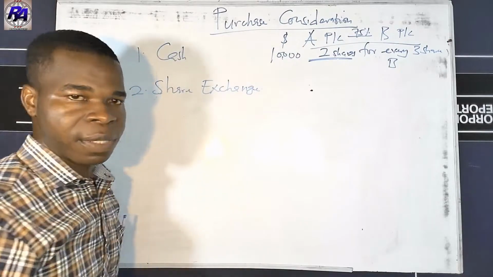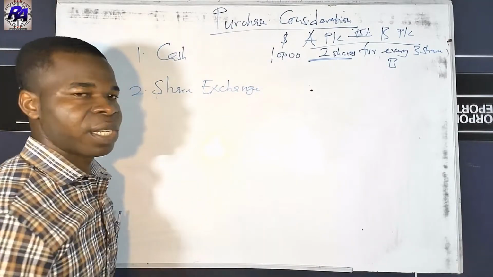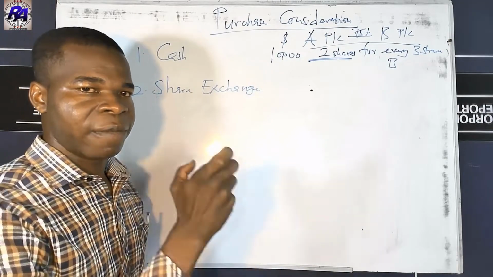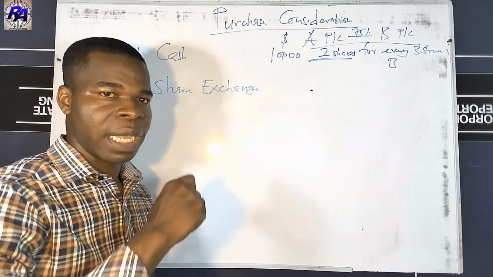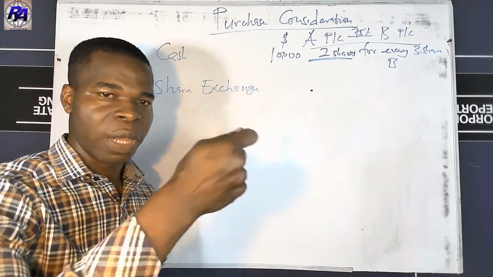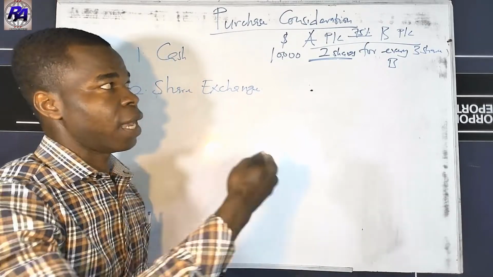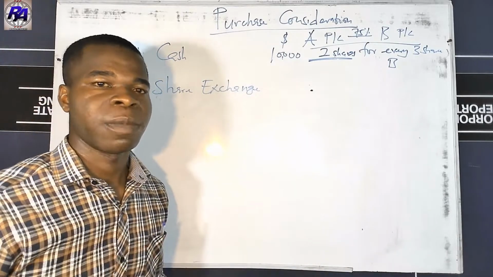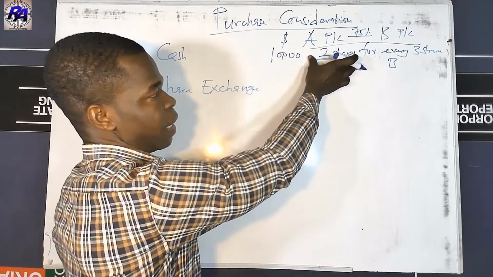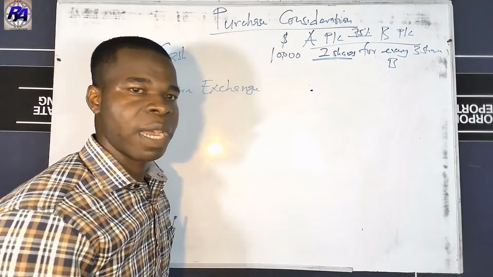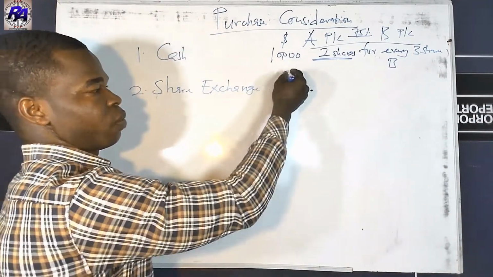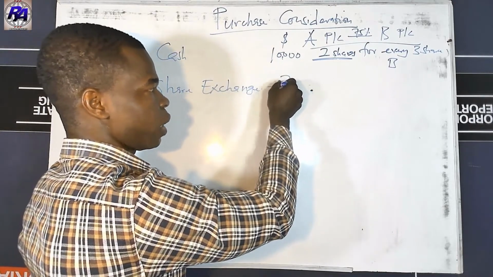Anytime there is a share exchange, there is a way you should go about it to get the value that it will cost the entity to issue the shares. The value that you will establish or compute becomes the cost of investment or the purchase consideration. How do we do that? This is the trick. Anytime they mention that a parent or an investor is issuing a number of shares for another number of shares, then it's going to be like this: 2 divided by 3.